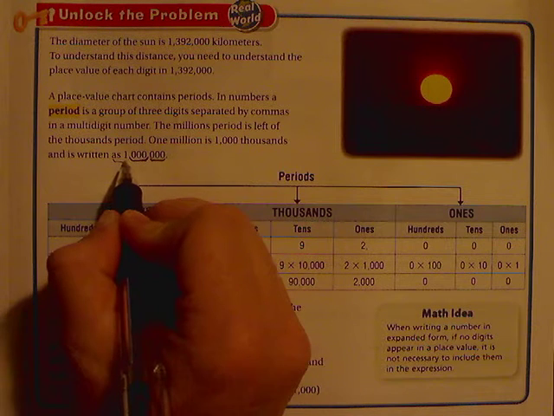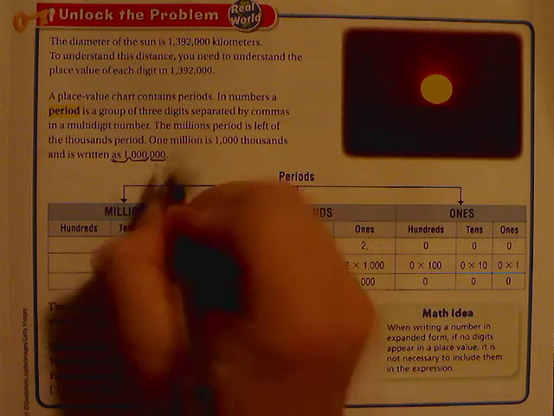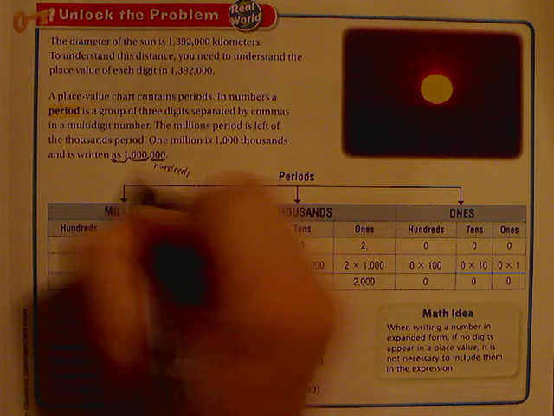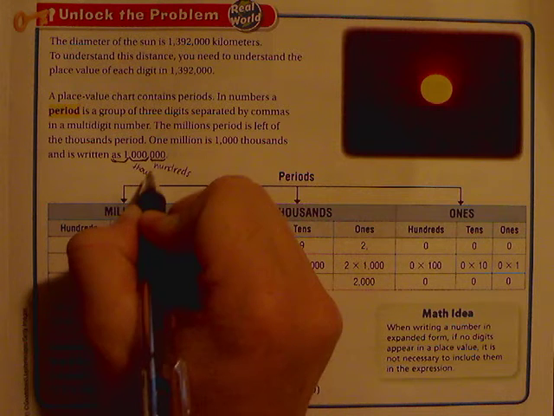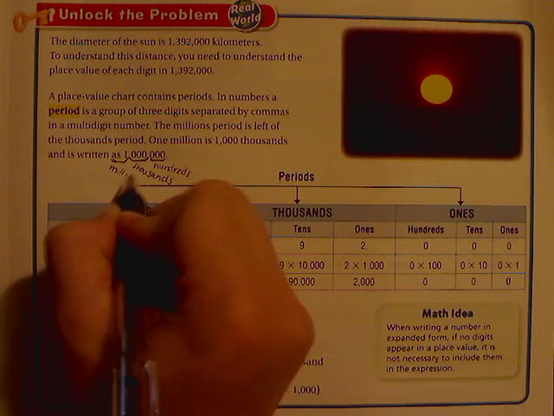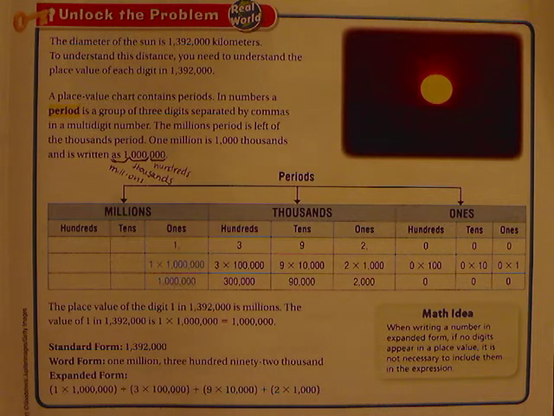And then you would have another period over here for your millions. So this would be your hundreds period. This would be your thousands period. And this would be your millions period. And so that's something that you guys learned in your lesson, but just as a review before we get started.